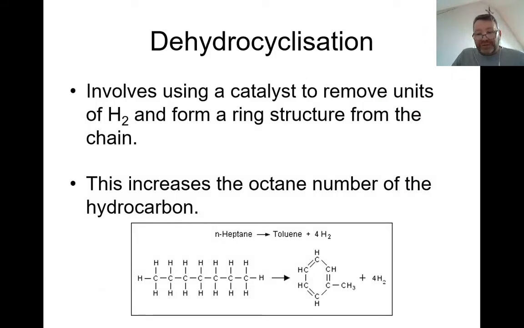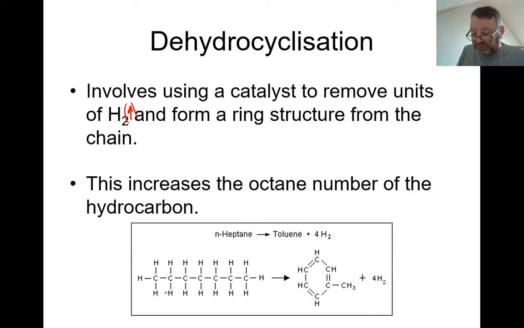Okay, dehydrocyclisation, as I told you already, will involve again a catalyst which will remove the two terminal hydrogens and put them together as H2, hydrogen gas, which will be collected as a gas. And then it'll tie the two terminal carbons to one another to give you something like this. So there's n-heptane, 1, 2, 3, 4, 5, 6, 7.